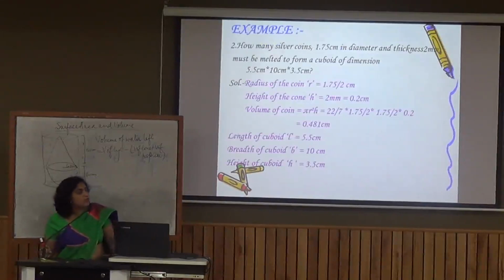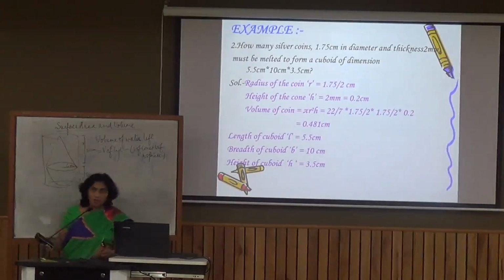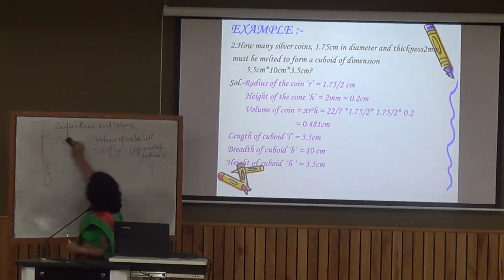Let's see an example: how many silver coins of 1.75 centimeter diameter and thickness 2 millimeter must be melted to form a cuboid of dimension 5.5 centimeter length, 10 centimeter breadth and 3.5 centimeter height.